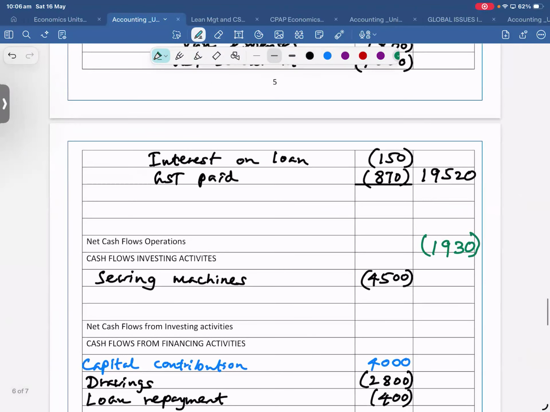Then the sewing machine, next one, also negative 4,500. So you just add 1930.